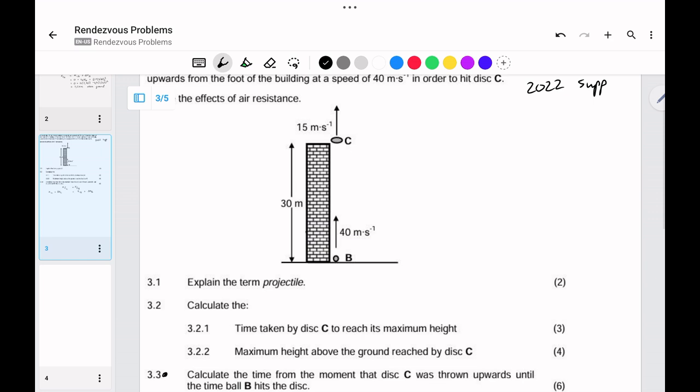We have our initial positions for both. And the time is a variable. Let me just state, I'm going to take up to be positive, so that initial position of C is 30 meters and the initial position of B is 0.